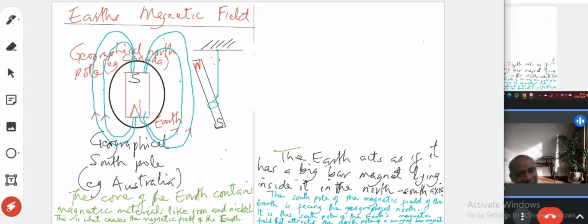That is why if another bar magnet is suspended like I demonstrated, with a string such that it swings by itself and then settles, once it settles, the north pole of that bar magnet will point in this direction I showed here. How is this north pole pointing? Towards which side?